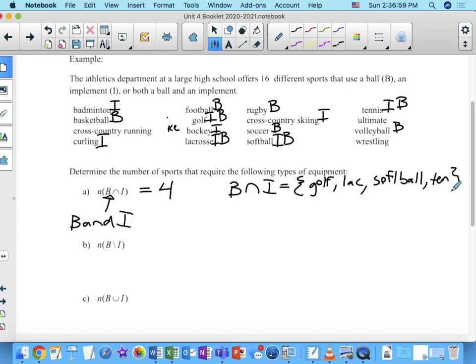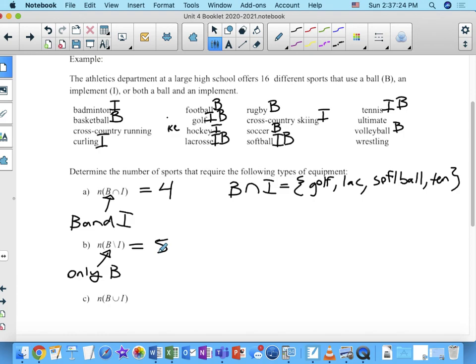Okay? Number of elements in B minus I. So B minus I, that's only B. Which ones only use a ball? If we count up the ones that only use a ball, that's basketball, football, rugby, soccer, volleyball. 1, 2, 3, 4, 5.